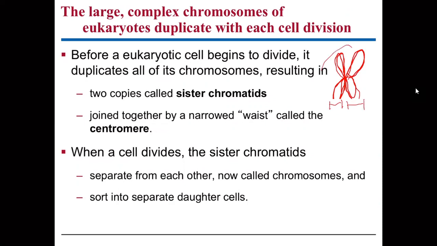Taken together, this is a duplicated chromosome. And this duplicated chromosome, or these sister chromatids, are joined together by a structure called the centromere, the narrowed waist.